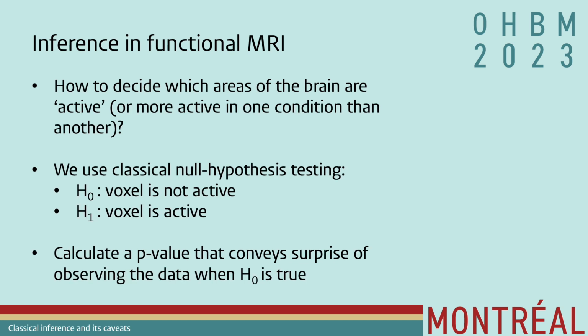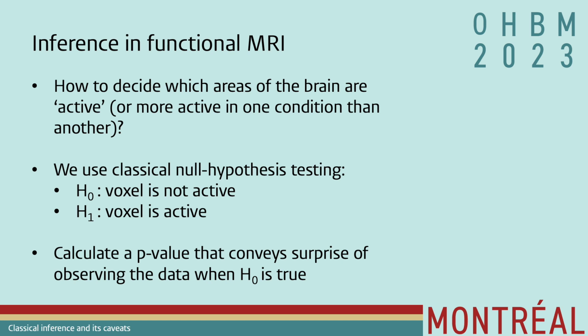So the ultimate goal in fMRI inference is of course to decide which areas of the brain are active, or more active in one condition than another, or more active in group A than in group B. Most of the time for this we use classical null-hypothesis testing. So for each voxel we state two hypotheses: H0, which is that the voxel is not active, and H1, the alternative hypothesis, which states that the voxel is active.